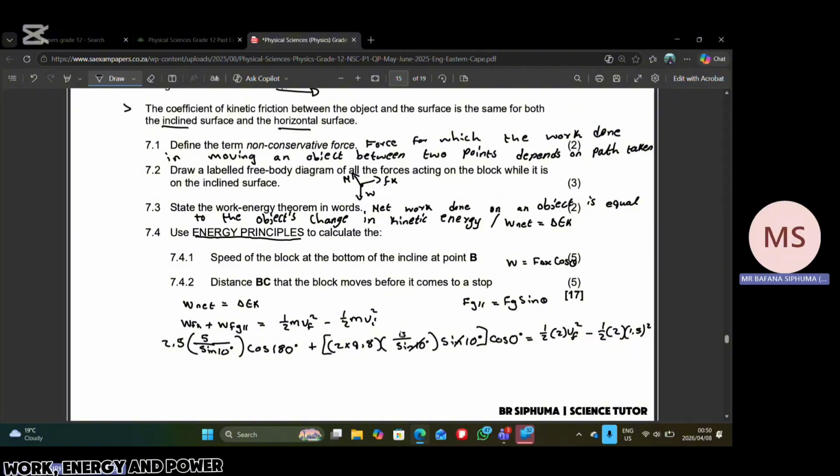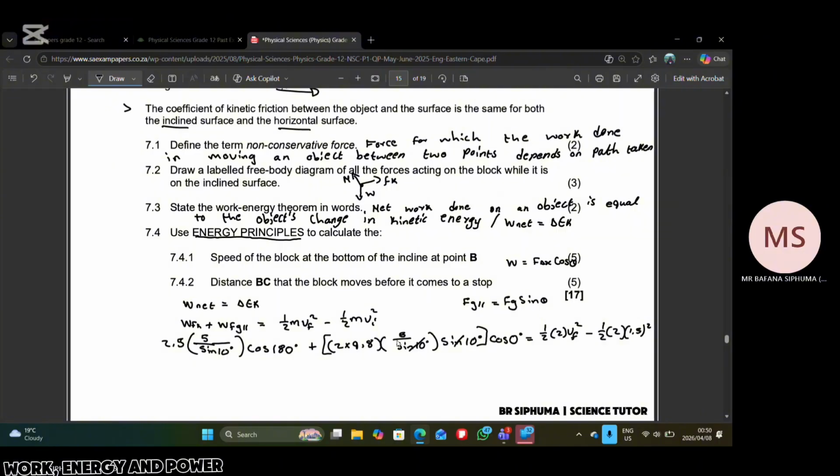Right. So now let me go to my calculator. 5 over sine of 10 degrees, close brackets. Because cos 180 is equal to -1, I know that.